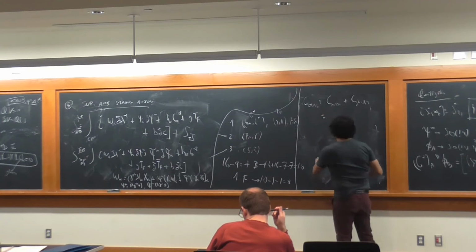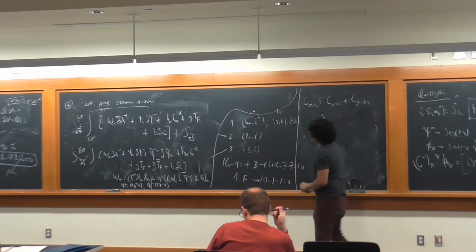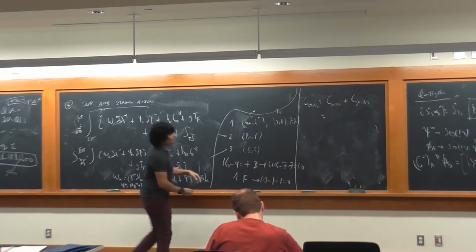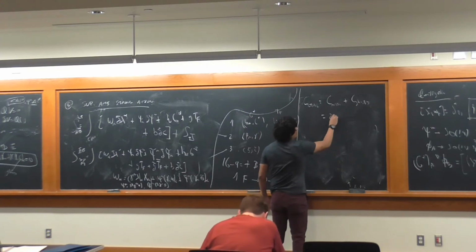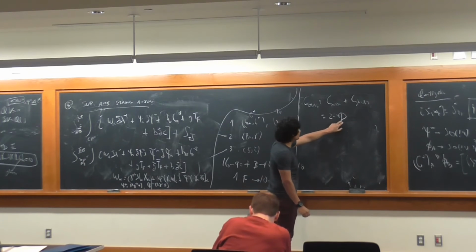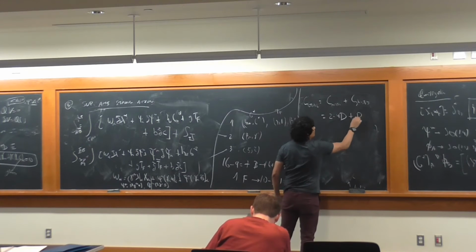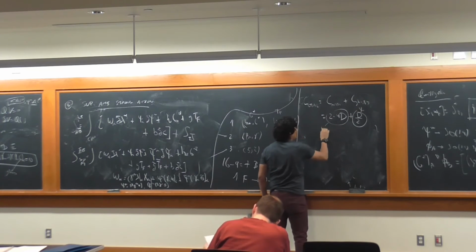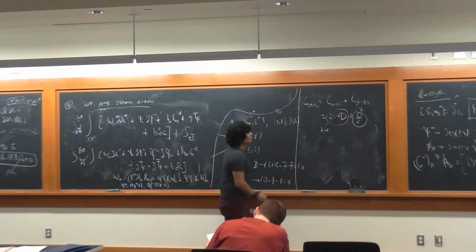Right? So for matter, we have lambda and W and also psi^m, right? So this is given by 2 minus 4D, where D is the dimension of the target space, right? Plus D over 2, which is the central charge for the system psi. This is the central charge for the system lambda and W, okay?